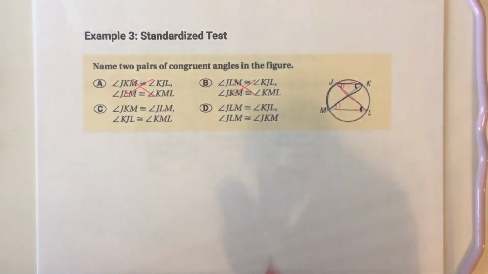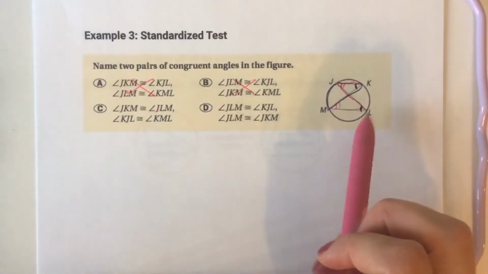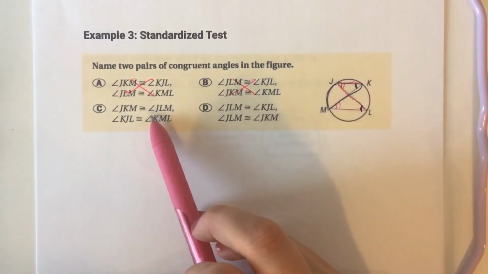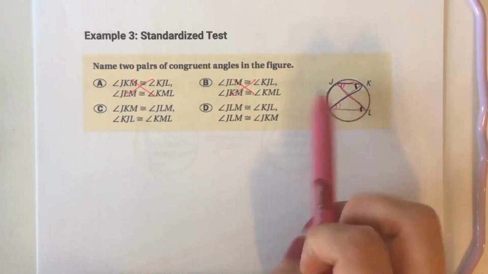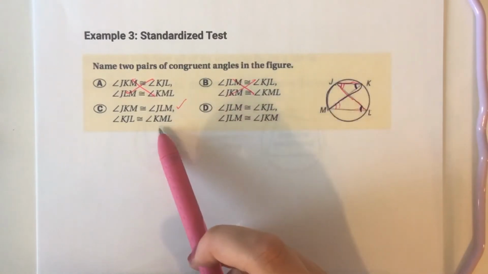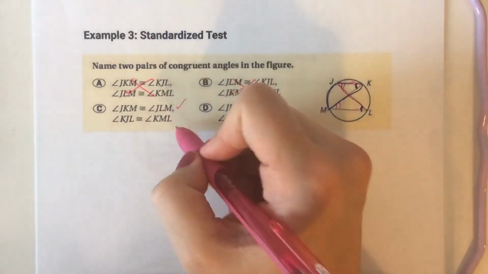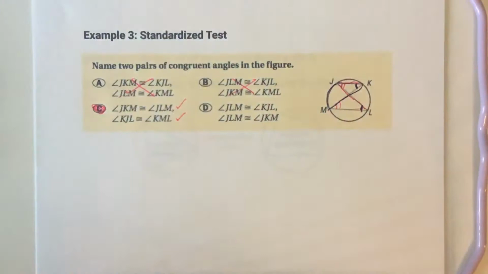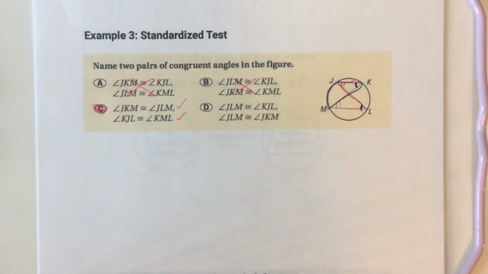No, not right. JKM, angle K is congruent to JLM, angle L, that's true. KJL, angle J, KML, angle M, that's also true. C is our answer. So that's kind of an example of what a multiple choice question might look like.